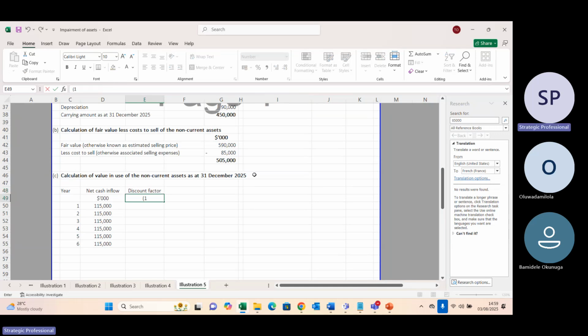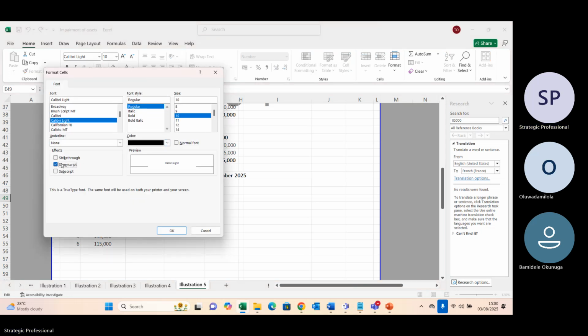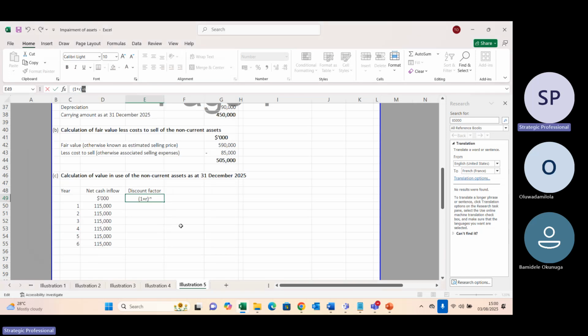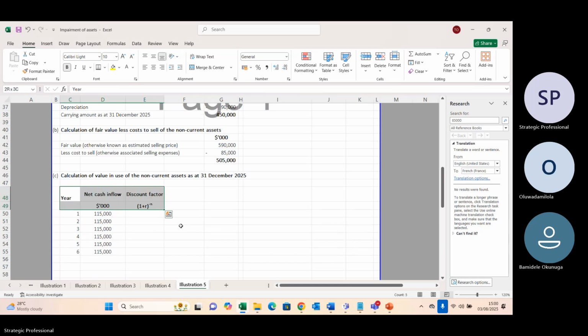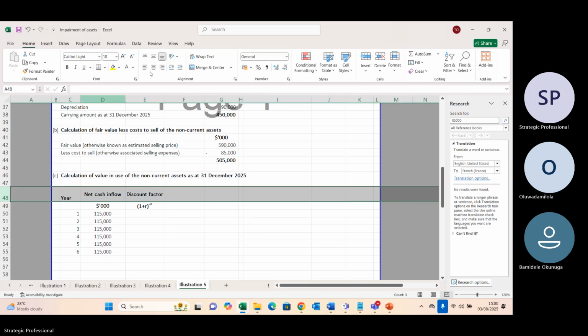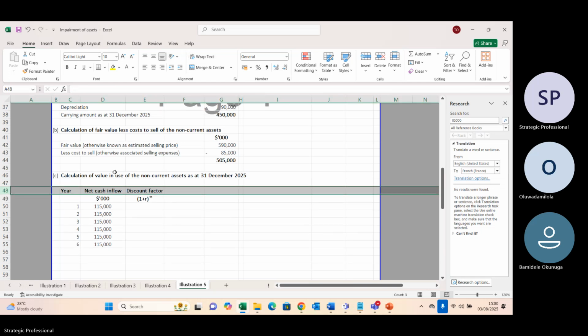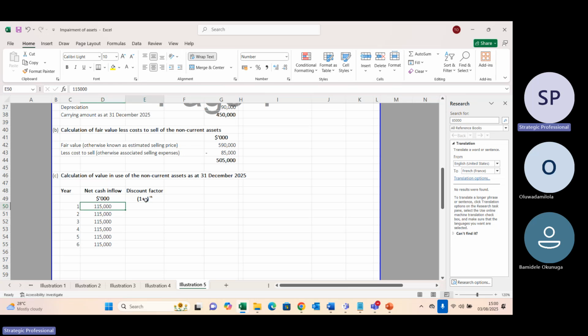Typically, this is 1 plus r raised to power minus n. Yes, because it's Excel, it's raised to power minus n.